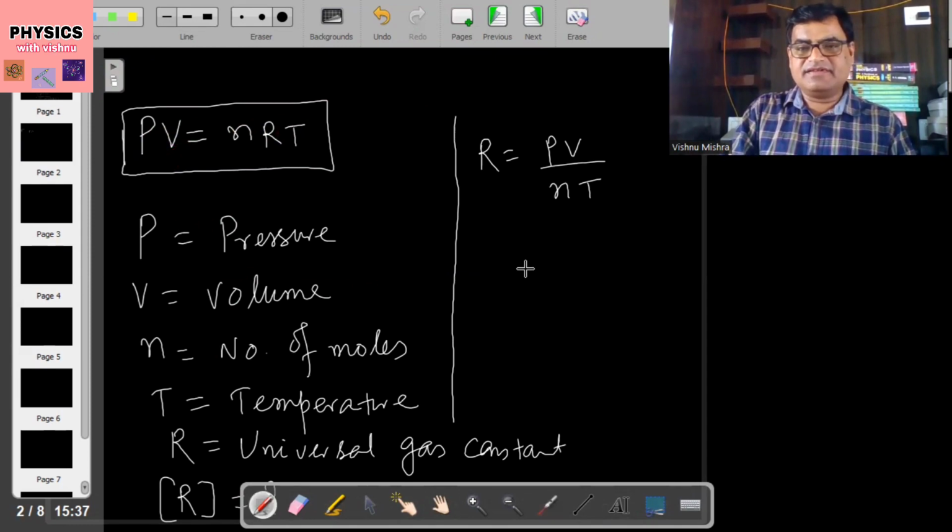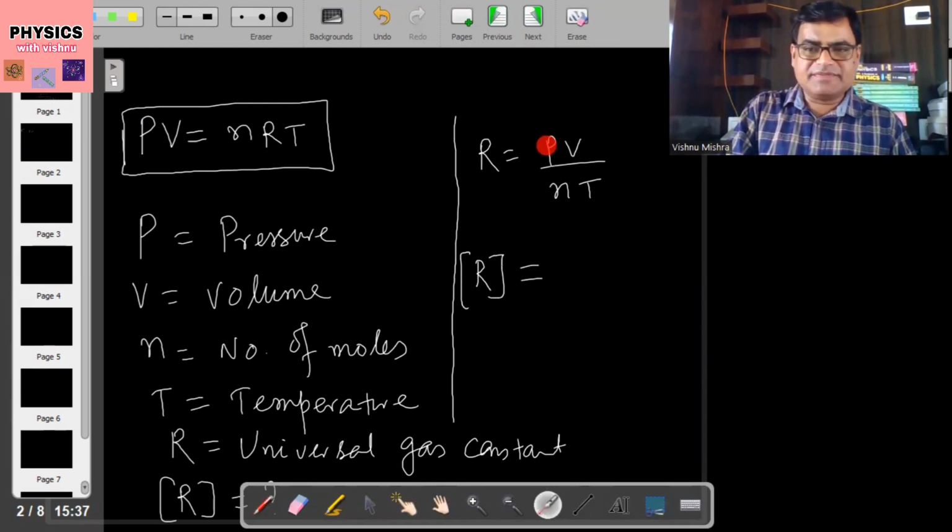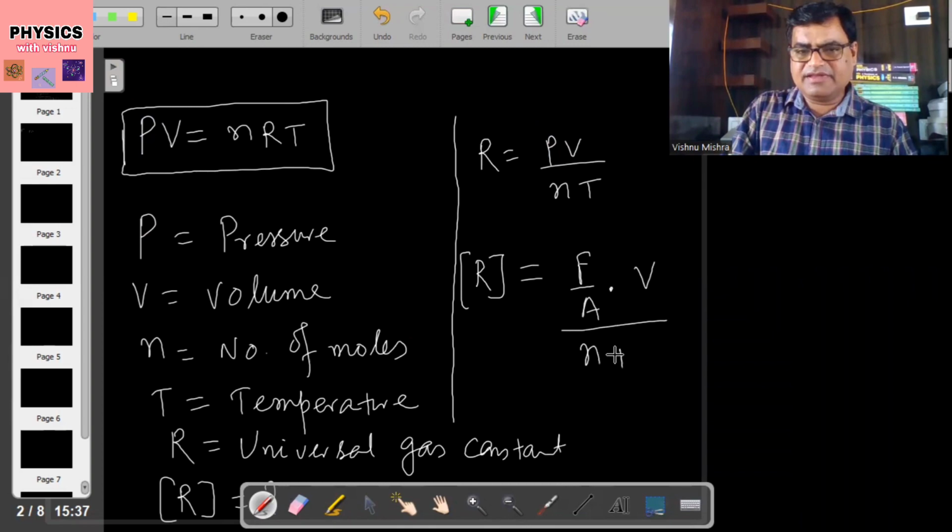Now put the dimension. If you forget the dimension of pressure, no problem, because pressure is F by A. Already I told that P is equal to F by A. Put here, no problem. F by A, V is the volume, by N into T. Now this is FV by ANT.